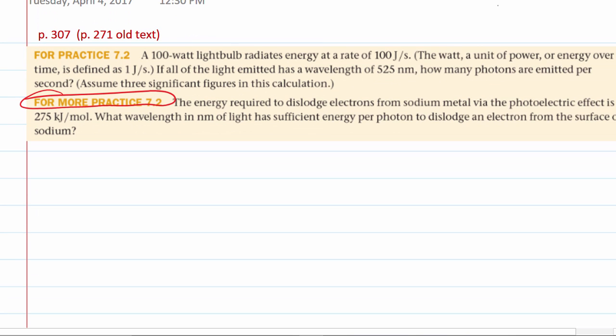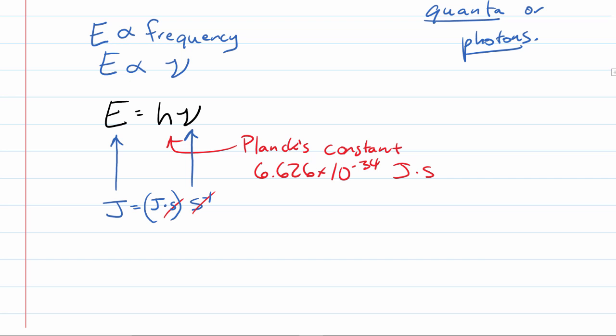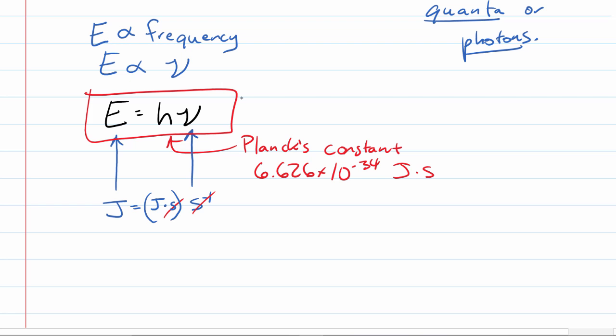All right, so now we look at our formula here, which says that E is equal to h nu. And when we see this formula right here, this formula is representing what the energy is of a photon. So again, for a single photon of energy, that's what this shows.